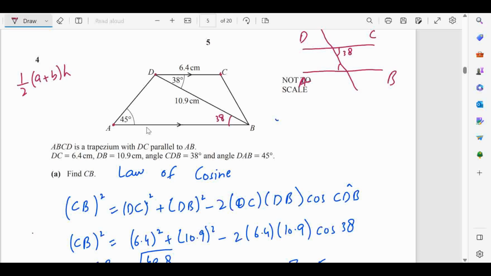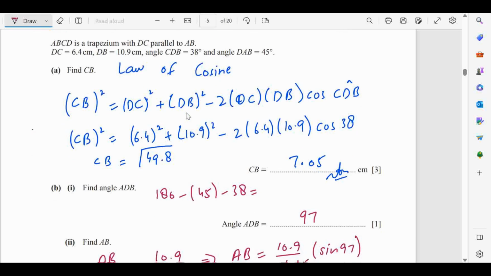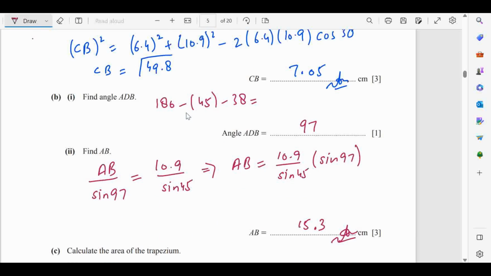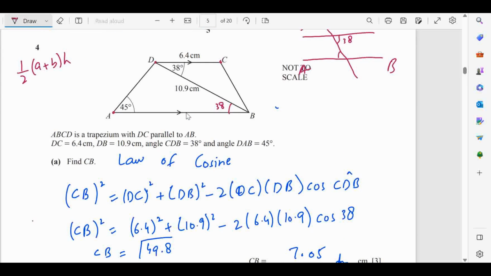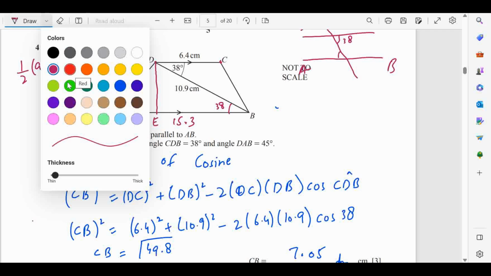Now the side AB was 15.3. So this length AB is 15.3, but we don't know the height. Let's find out the height first. So let's say this side is E.